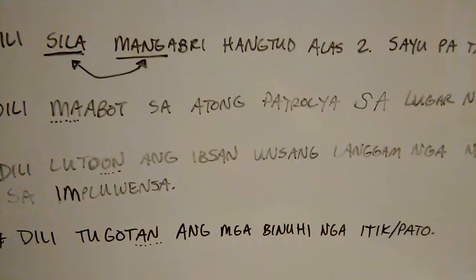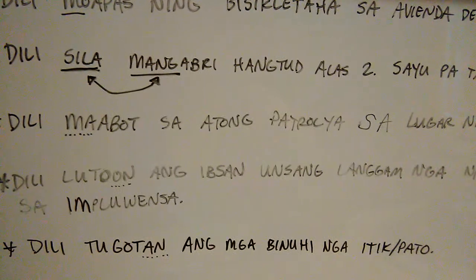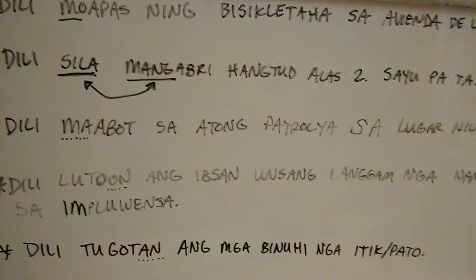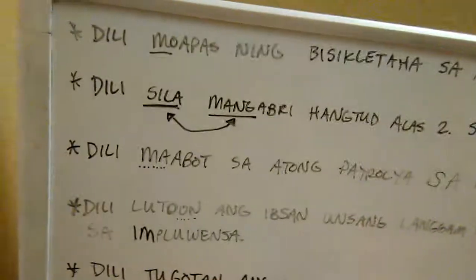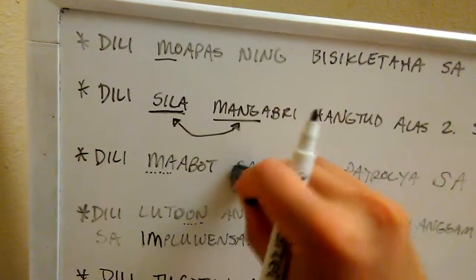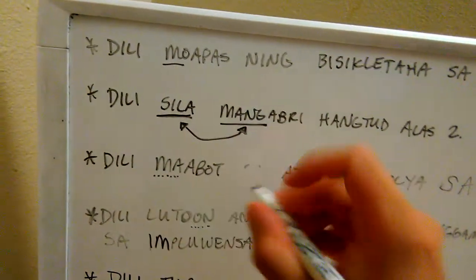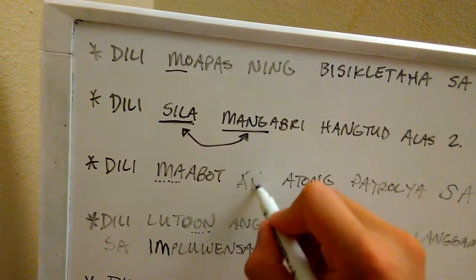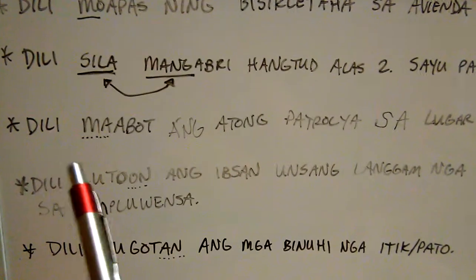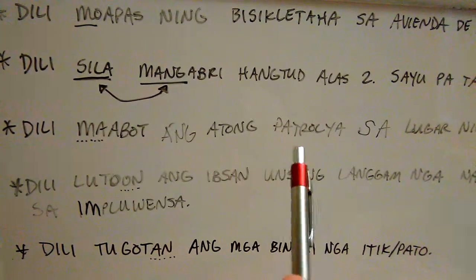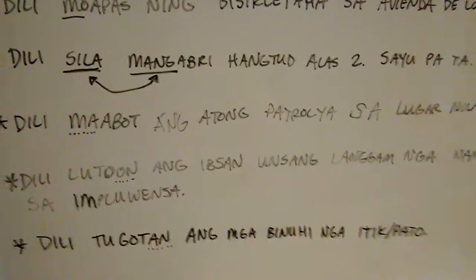Okay, now that makes sense. Dili maabot sa atong patrolya sa lugar nila, okay? And this one should probably be ang. Sorry about that. There you go. So those had to be switched up. Now, dili maabot ang atong patrolya sa lugar nila.